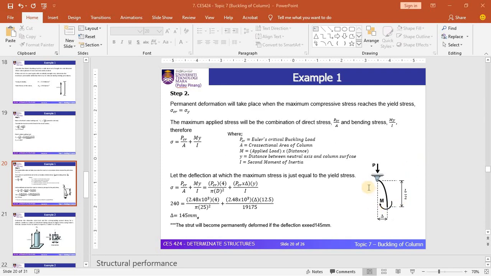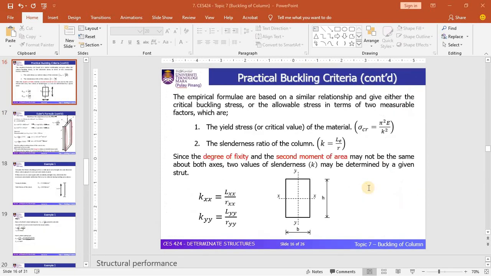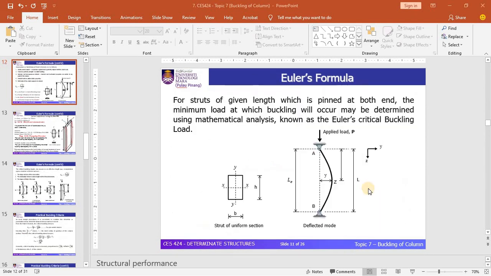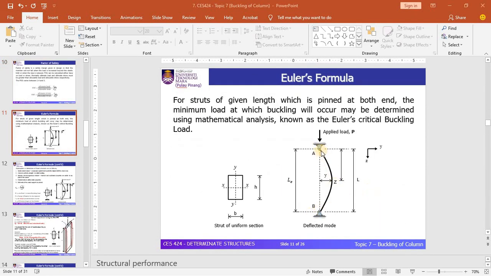We know that the column will buckle. Based on this diagram, the column will buckle in this shape, so the maximum displacement approximately occurs at the midspan. Let's assume at the midspan, or the mid height of this particular column, this is the displacement, which we take as y.